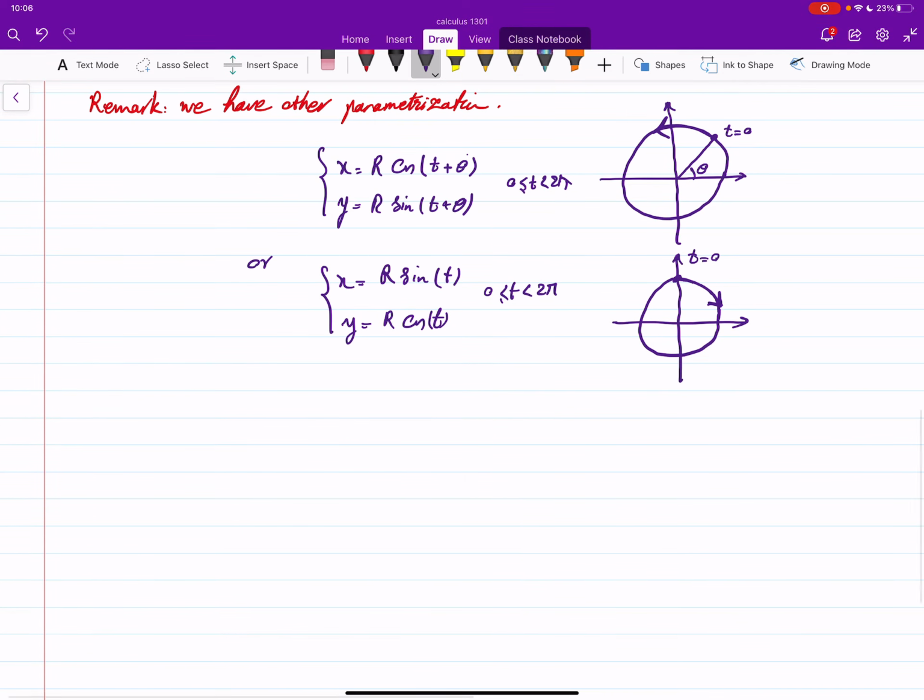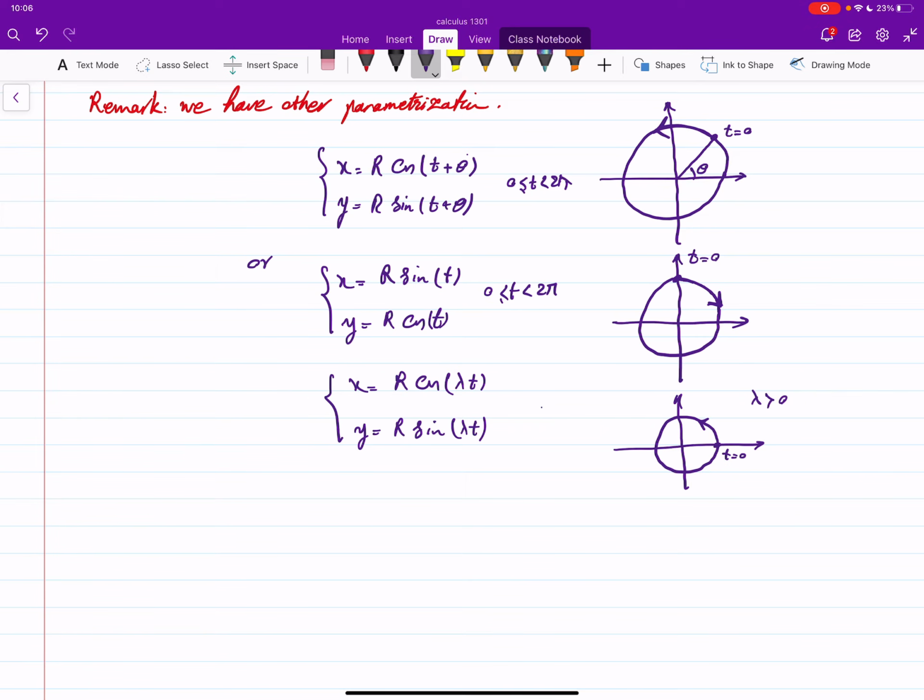There are other things. For example, another version is that you go x equal to r cosine lambda t, y equal to r sine lambda t. And in that case, if lambda is positive, this goes counterclockwise, starting from 1, 0. It will go like that from t equal to 0 here. This is for lambda positive.